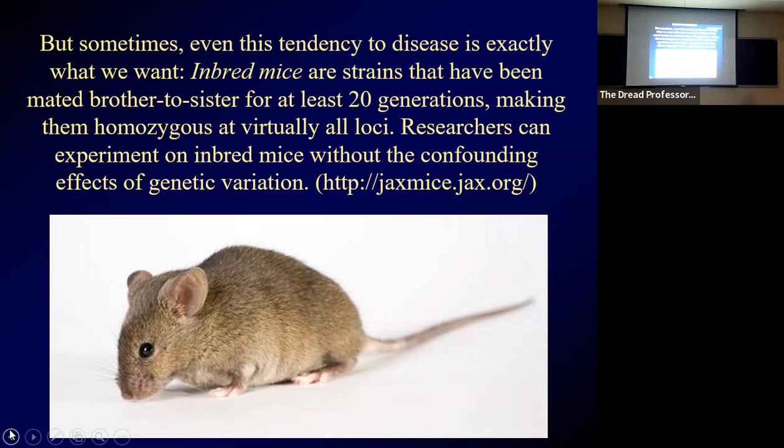These strains that have been breeding brother to sister for all this time, that makes these mice homozygous at practically all loci. There's no genetic variation left in this population. They're all homozygous at virtually all genes.